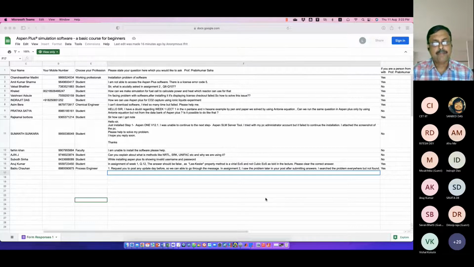But in future also, if you find there is some problem, something is missing in an assignment, then please immediately write to me at my official email address, that is p.saha@iitg.ac.in. Then I can readily give you the answer. Okay, so Bablu Chauhan, I hope from the next assignment onwards, you will not have such a complaint.